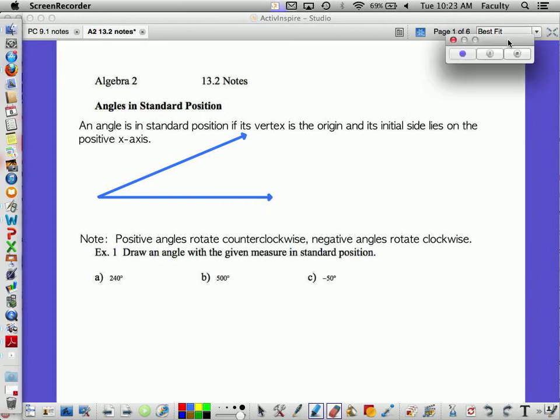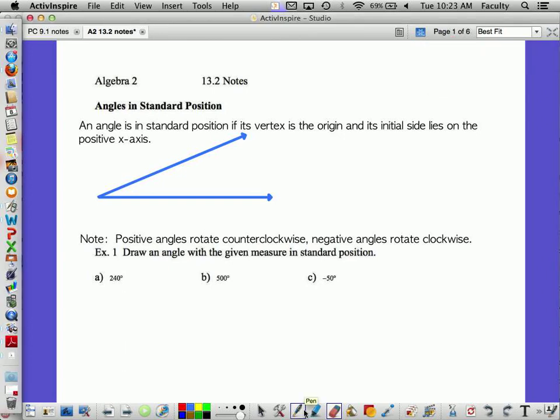All right, an angle is in standard position if its vertex is the origin and its initial side lies on the positive x-axis.